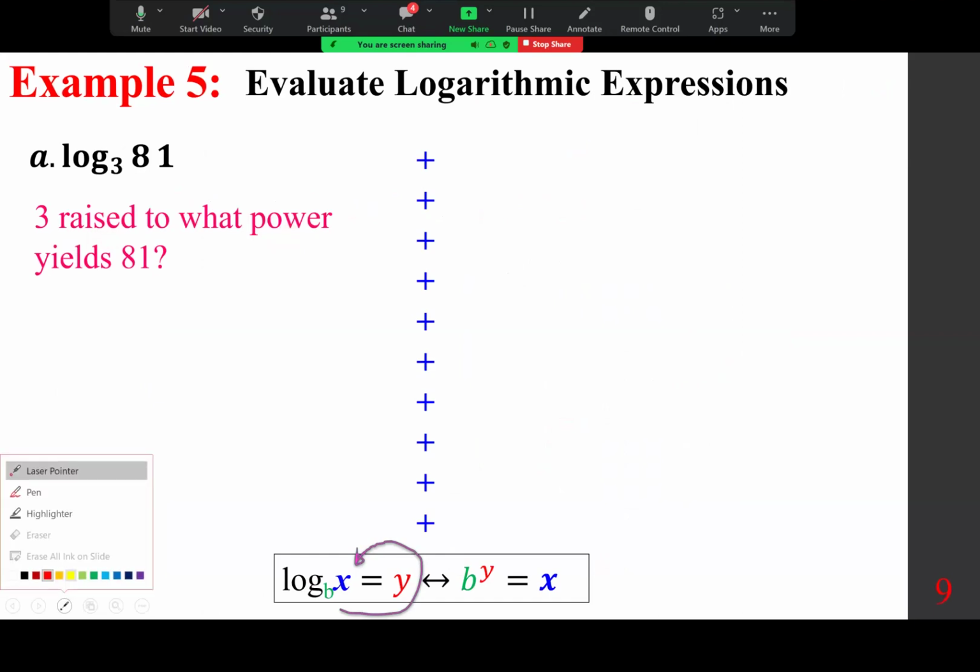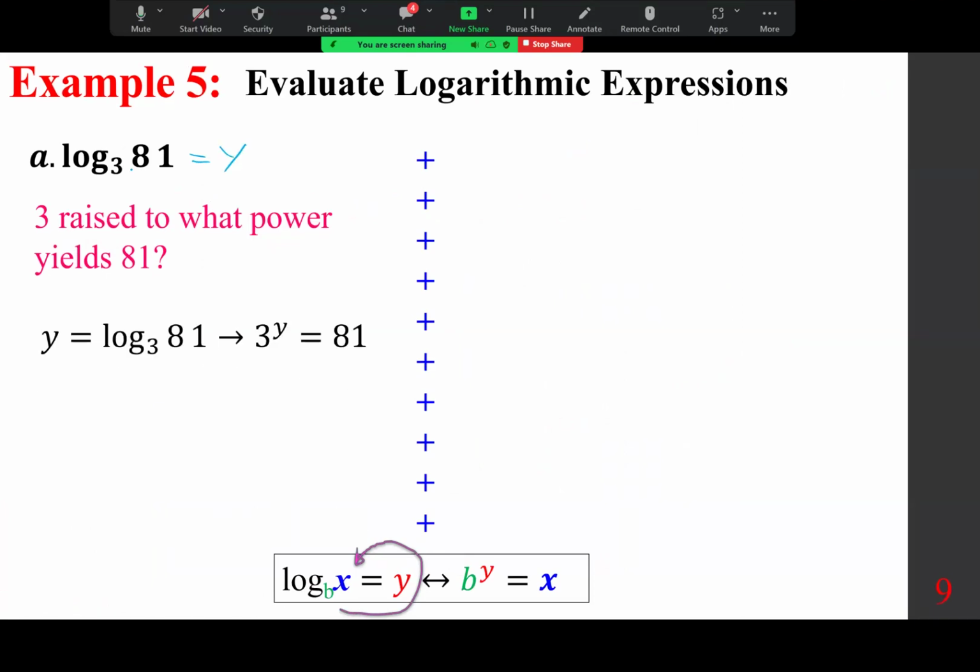If you said, let's set this equal to some variable, for example y, and then you go this route, you get 3 to the power of y is 81. And you know 81 is 3 to the power of 4, therefore y must be 4.